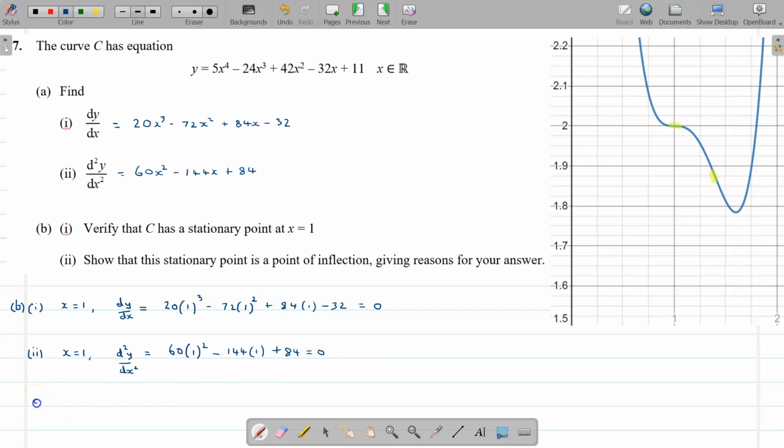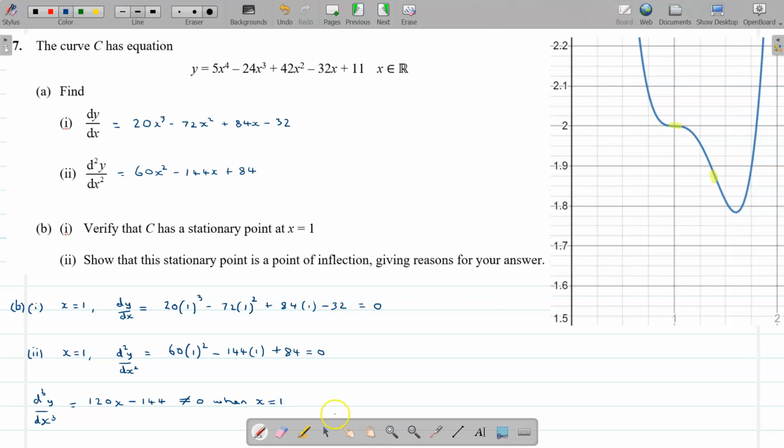And that's just simply the derivative of what we've just done. So it's d3y by dx cubed. Now that comes to 120x minus 144, and that does not equal 0 when x equals 1.